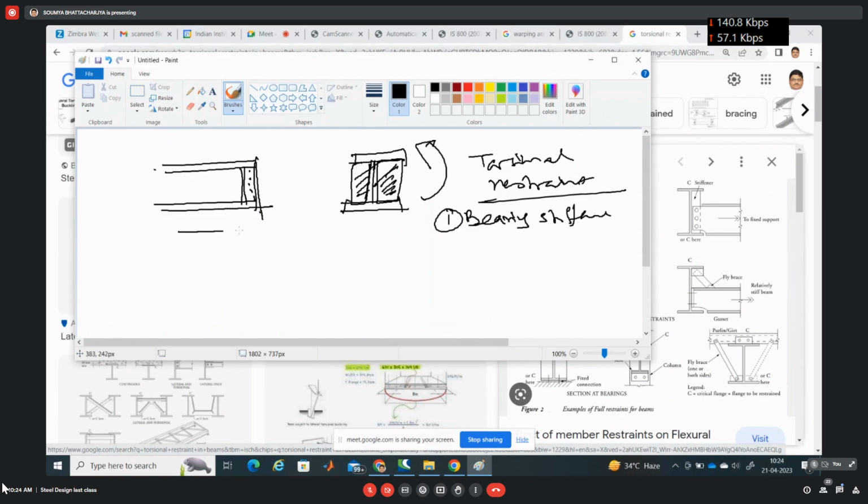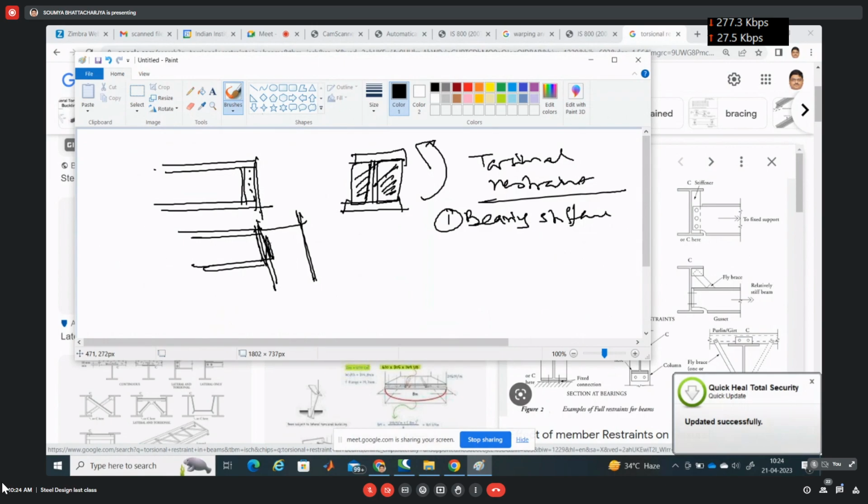Or what we can do, I can join the end with a column. At the end, I'm joining this with a column by a moment connection, then also the end cannot rotate.